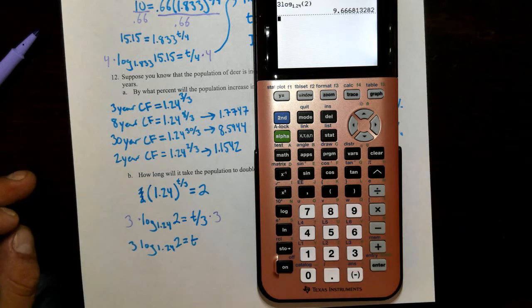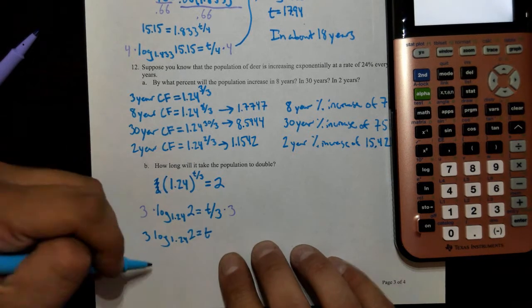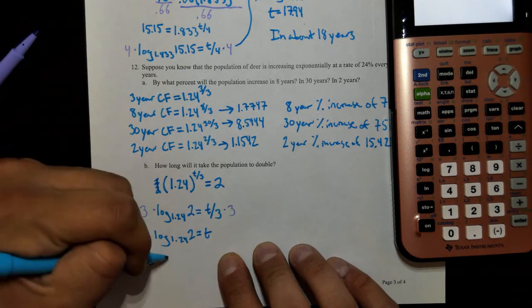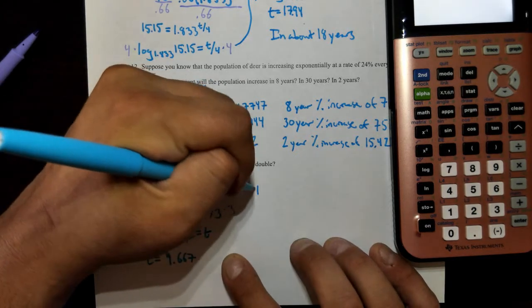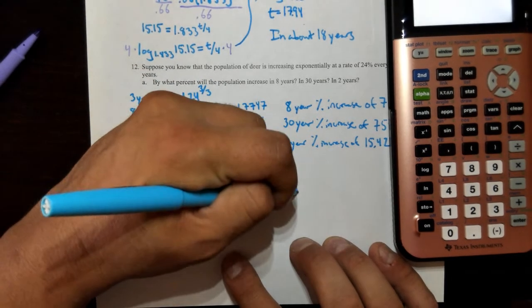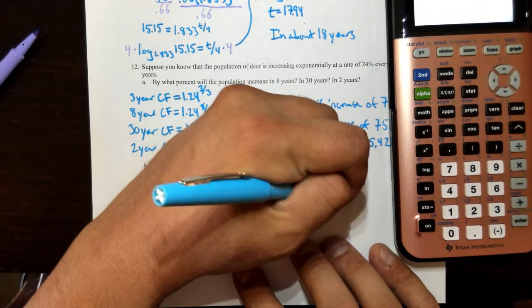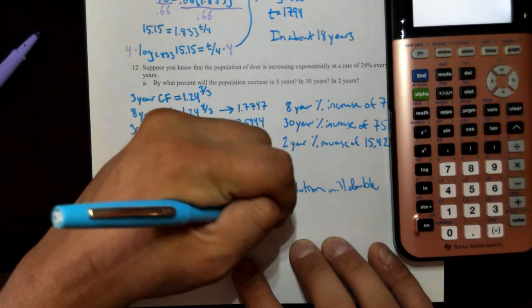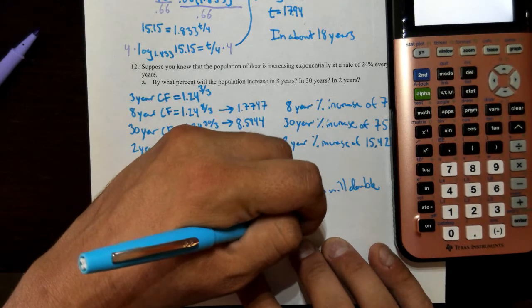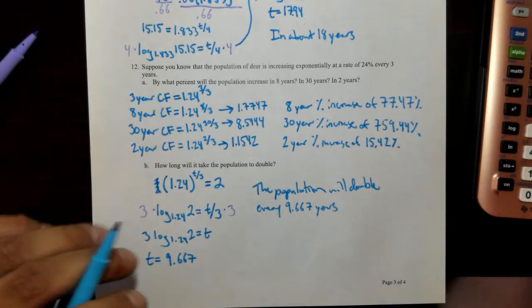And we get 9.667. So t is equal to 9.667. So the population will double every 9.667 years. Awesome. All right, on to the last page.